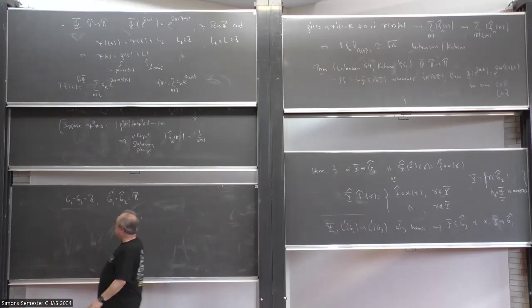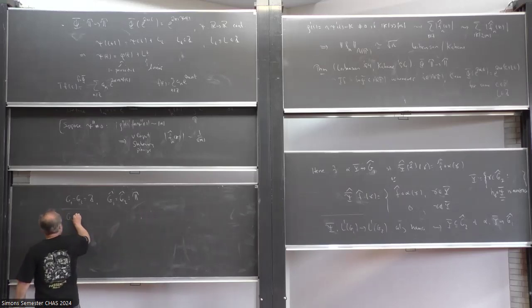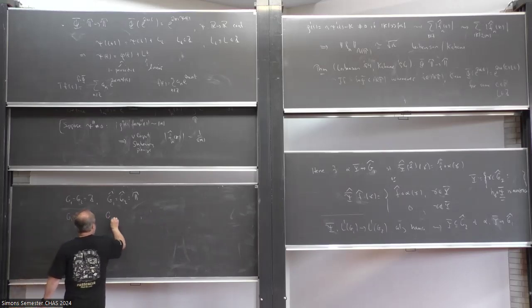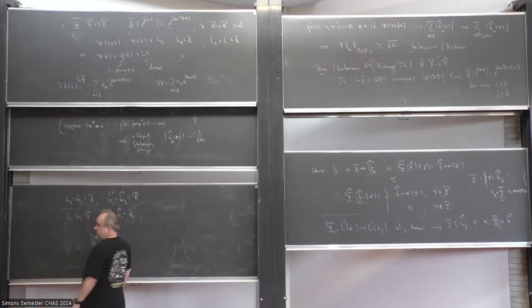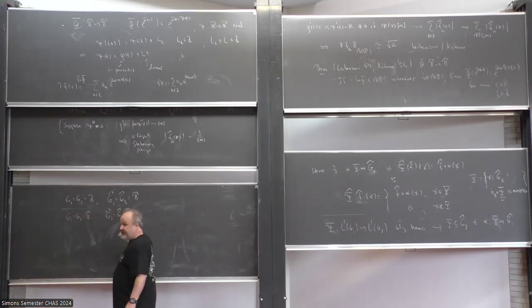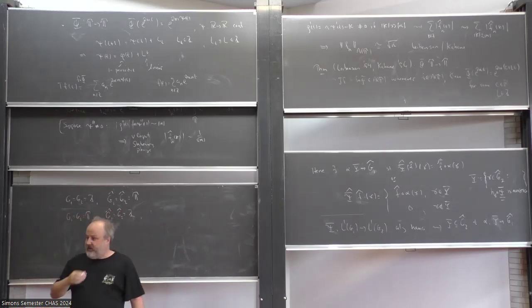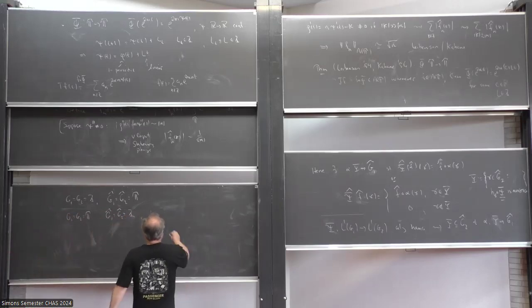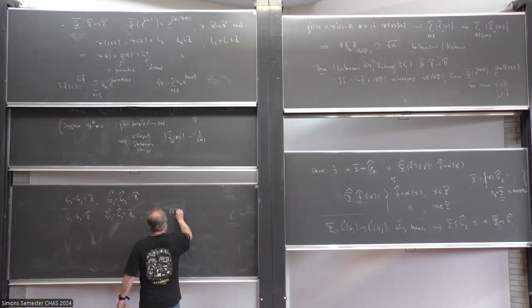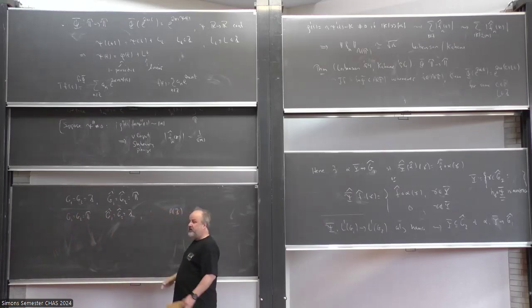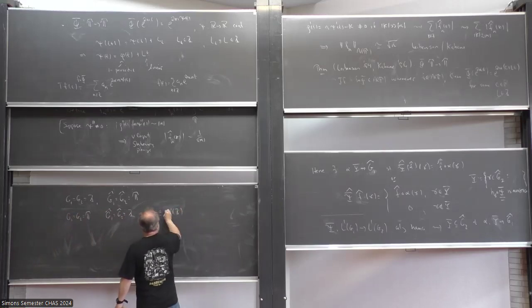Let's flip the roles. Let's look at G1 equals G2 equals the torus, and now the dual group is equal to the integers. This is disconnected. So now we have to think a little bit. What does it mean for an element to be in here?